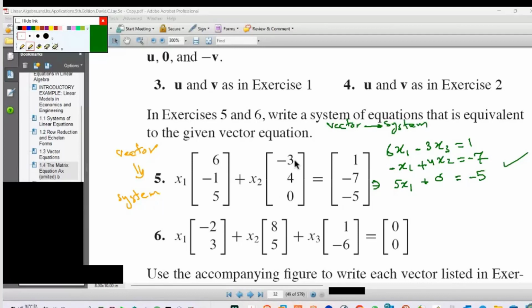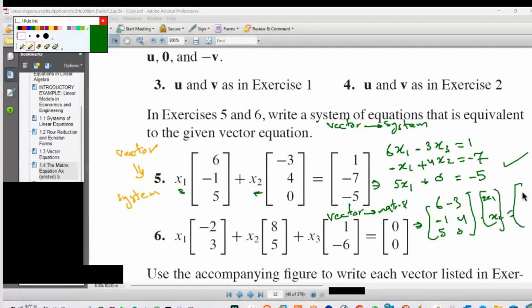If he asks me to write it as a matrix from the vector, it's easy. It is [6, -3; -1, 4; 5, 0] multiplied by the two variables x1, x2, equals [1, -7, -5]. Is it hard?